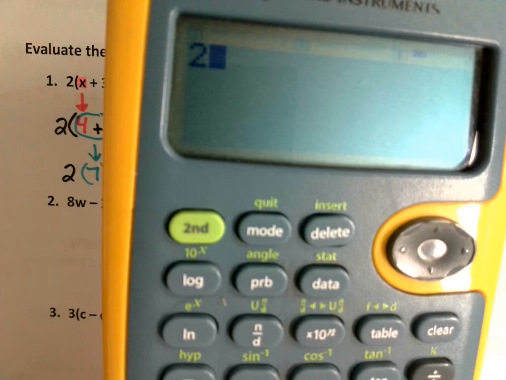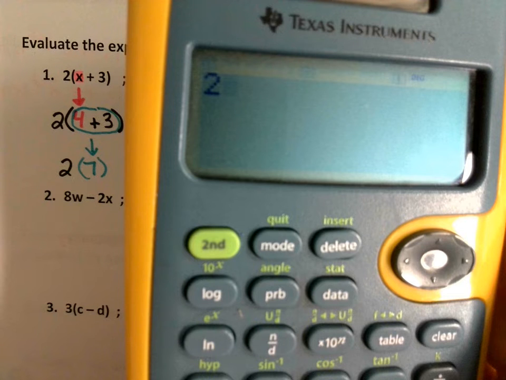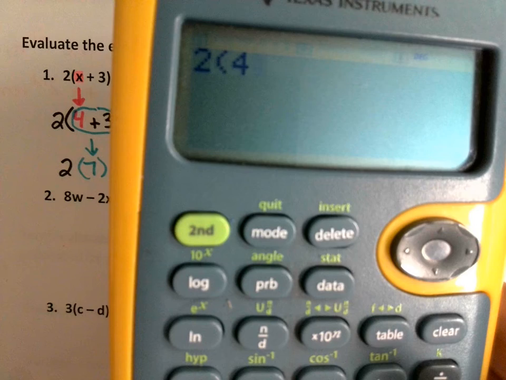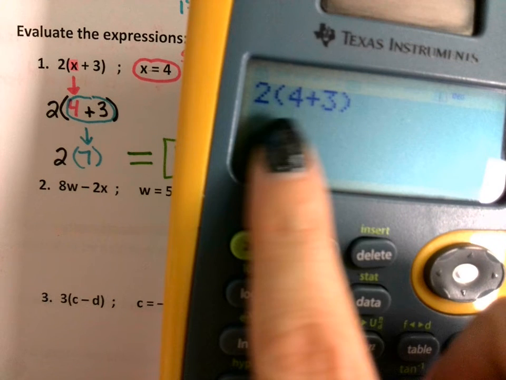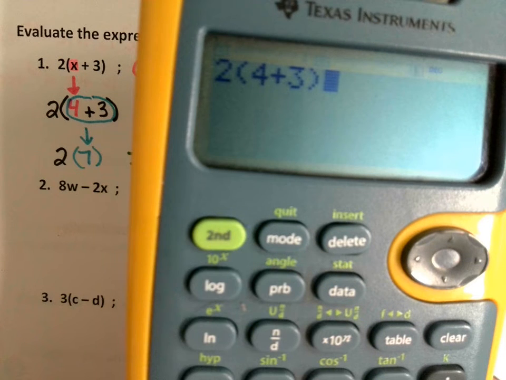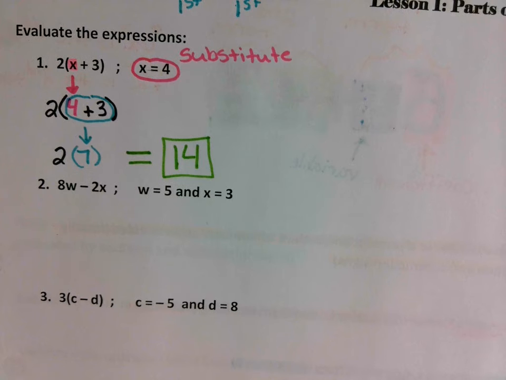I can type a parenthesis, do 4 plus 3, and close my parenthesis. Does everyone agree that this is exactly what is written right here? Enter it then. What do you get? You get 14. Your calculator does order of operations for you. It's a nice little trick. Try your order of operations and then double check it on your calculator. Okay? It does it for you.